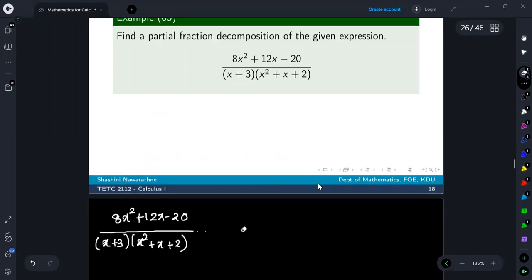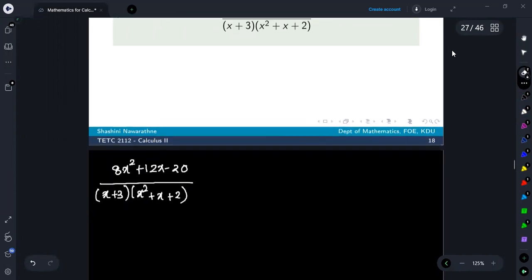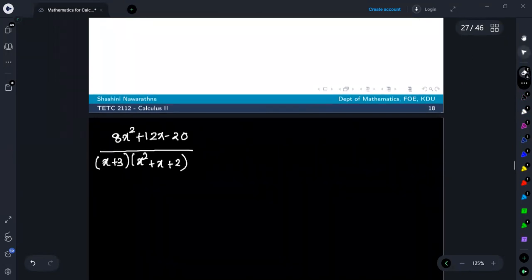Here, let's consider the polynomial in the denominator. We can see that there are two factors. The first one has the power of x equal to 1, so this is a linear factor. In the second factor, the highest power of x is 2, so this is a quadratic factor.